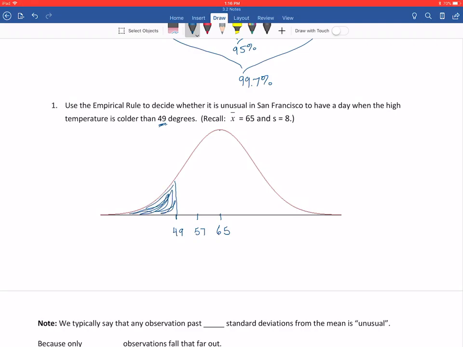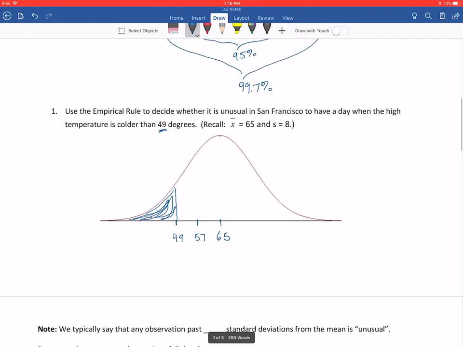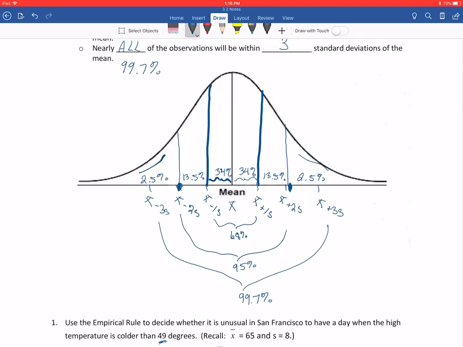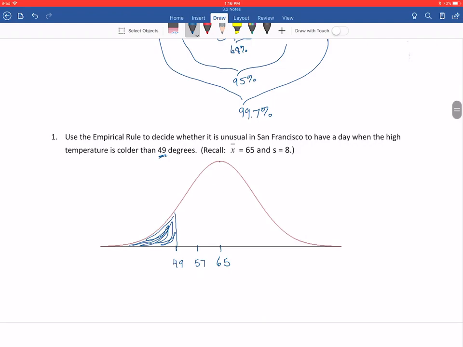So a day colder than 49 degrees is somewhere back here. It's somewhere past 2 standard deviations below the mean. If we compare that with what we had up here, being past 2 standard deviations below, there's only 2.5% of days that would qualify for that.